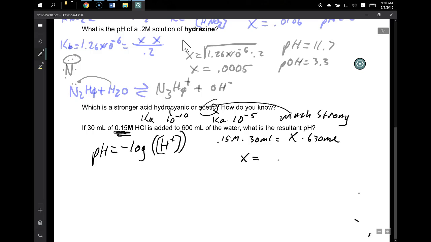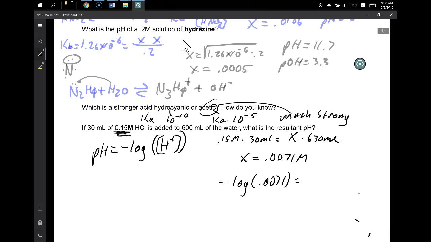And so I got a concentration of 0.0071 molar. And so then if I take the negative log of 0.0071, I get 2.1, maybe 2.2. 2.2.